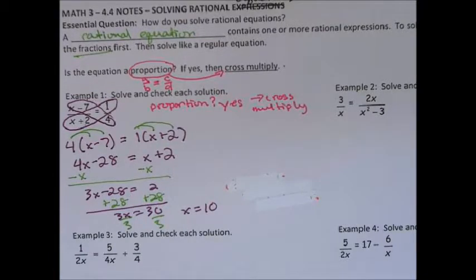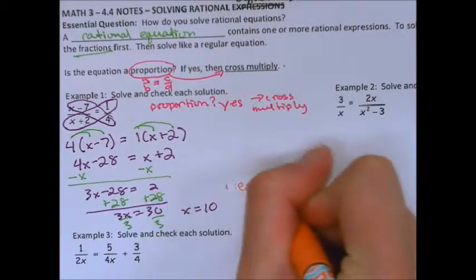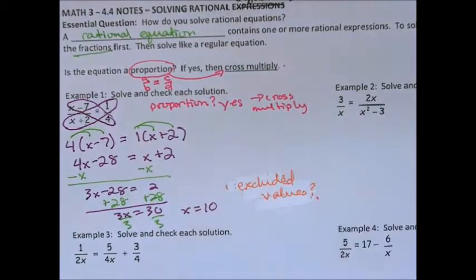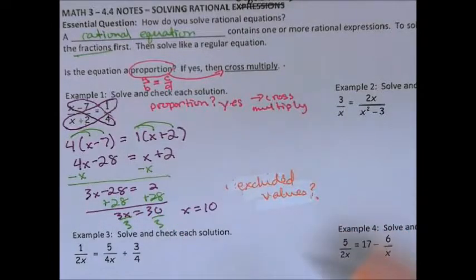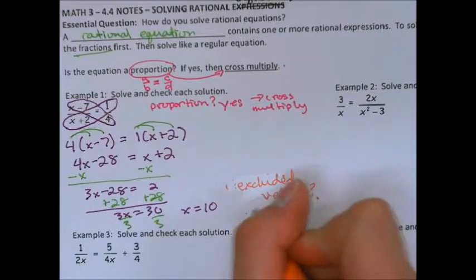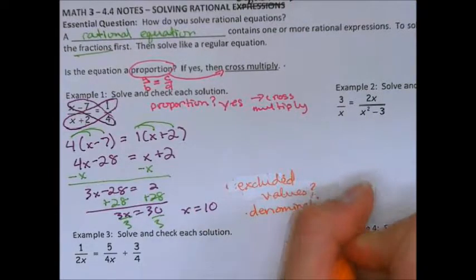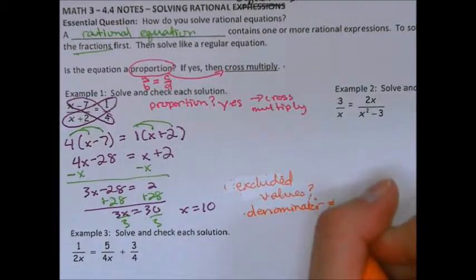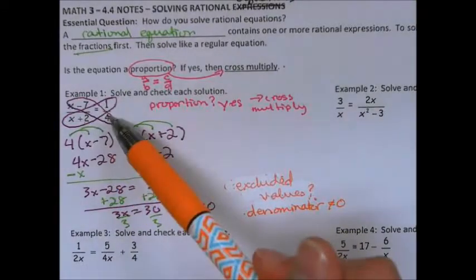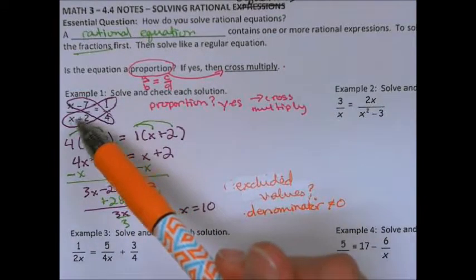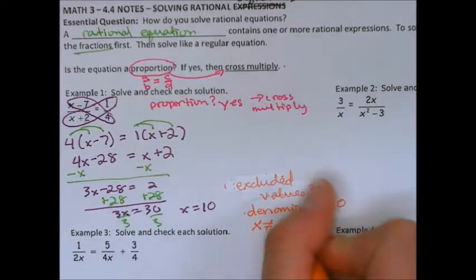Now we have to check for our excluded values. So we look back up and we look at the denominators, and remember the excluded values happen because our denominator cannot equal 0. So let's look at both denominators. I have x plus 2 and 4. Here we get an excluded value of x cannot equal negative 2.